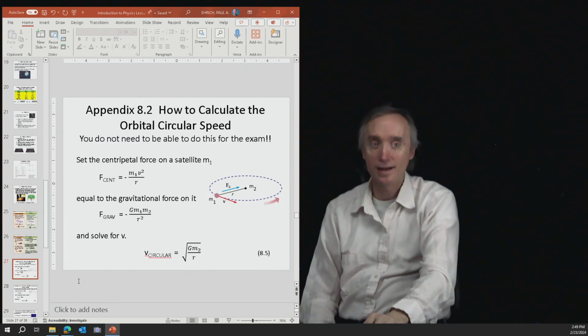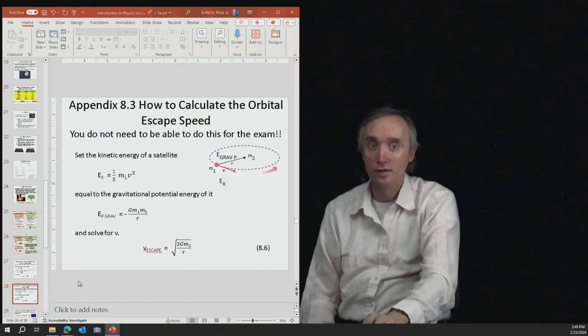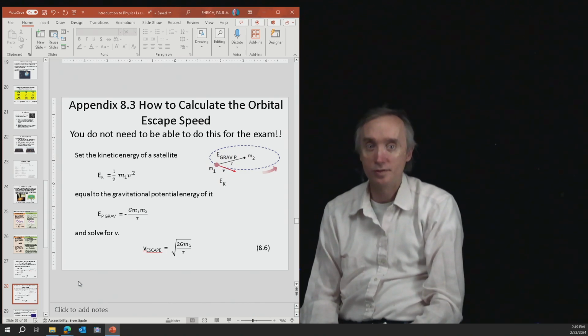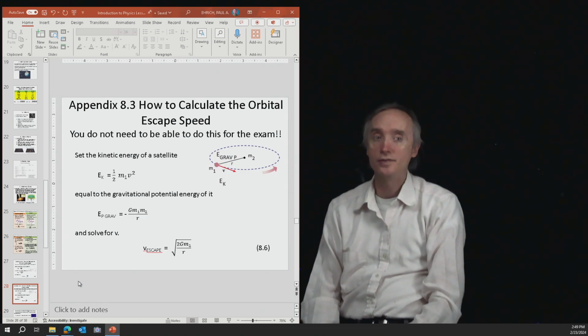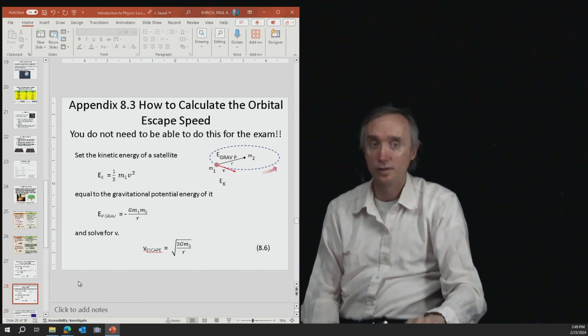Well, there was a second kind of speed, and that was the escape speed. So where does the escape speed come from? Okay, this time we're going to set the kinetic energy of an object equal to its potential energy.